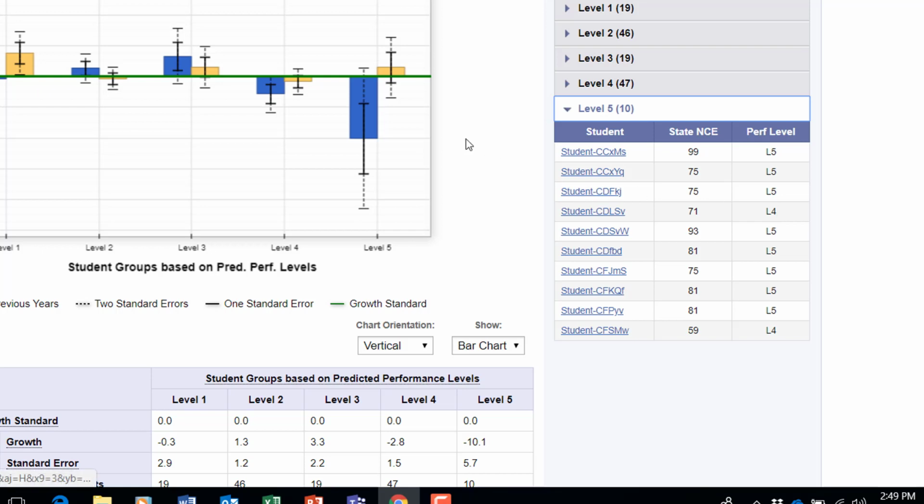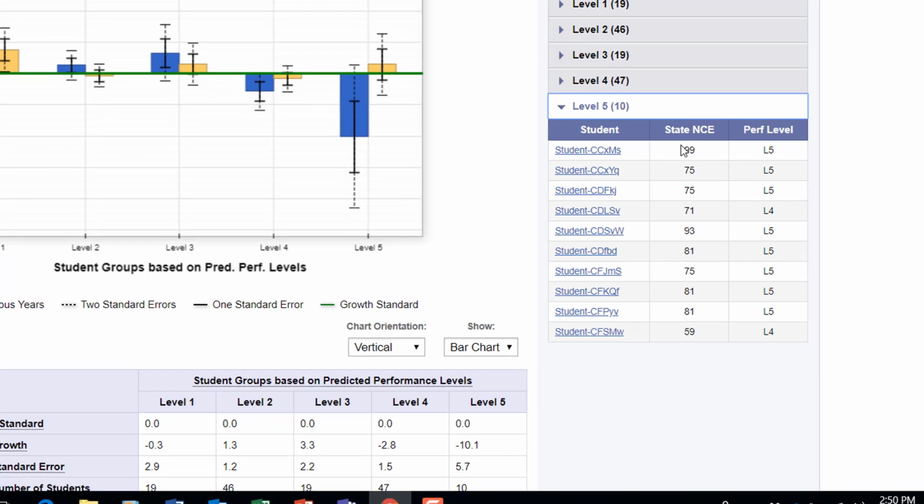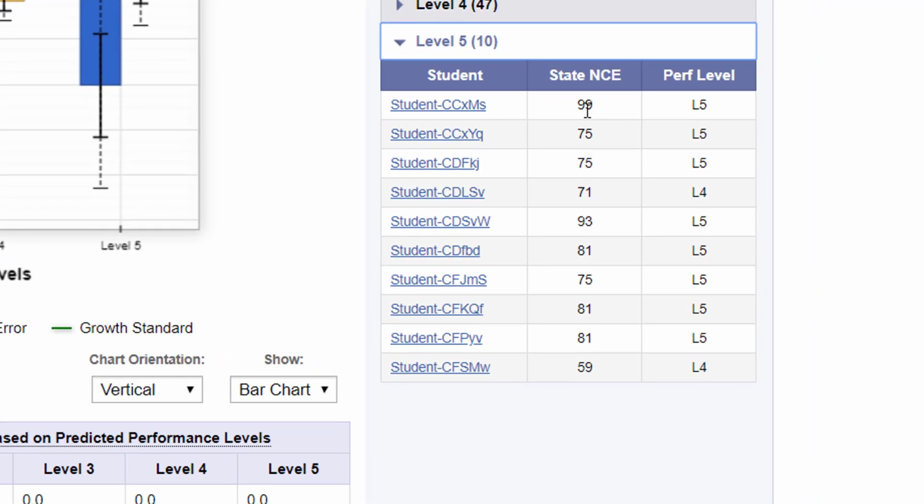Now you might say, well, how did that result in such low growth? Well, just because they scored a level 5 does not mean they scored at the same level within that 5 as they have in previous years or where they were expected to score in comparison to students who were just like them across the state. So this particular student who was a level 5 at the 99 NCE, that student probably did score exactly where they were supposed to because you can't get much higher than a 99.